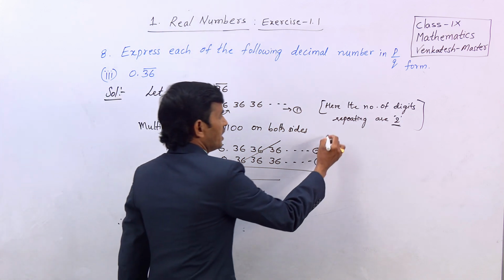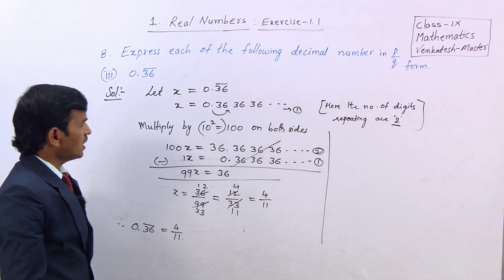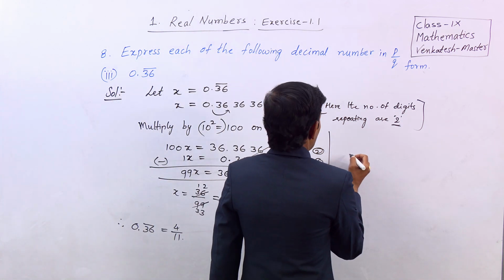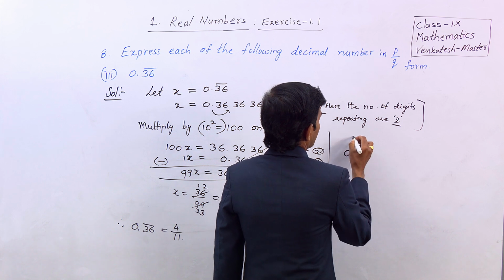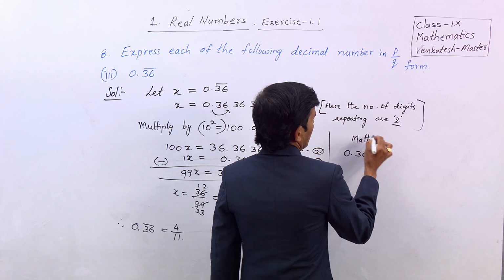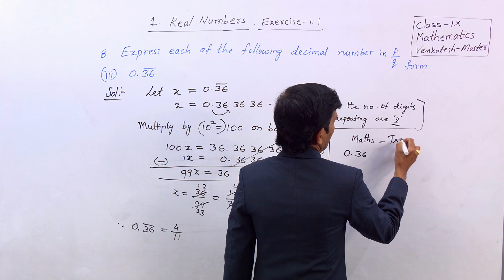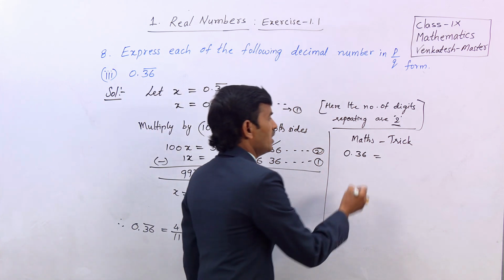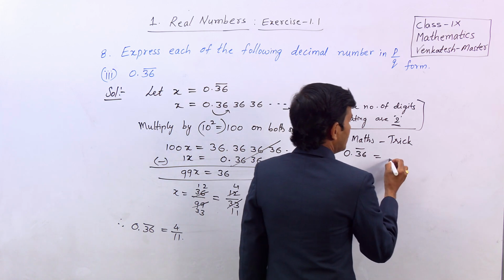So there is a trick even. What is that? A shortcut trick in order to find it is very simple. 0.36 bar, if it is given in part B, how to find it in a short way? Let us see that.